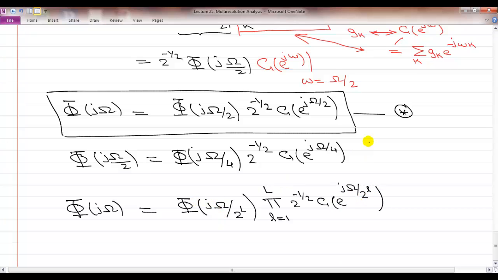All I'm doing is applying this recursion again and again and again.